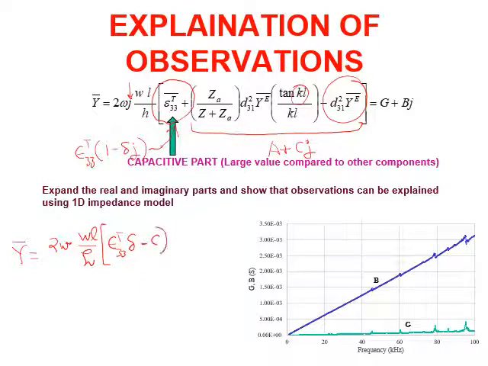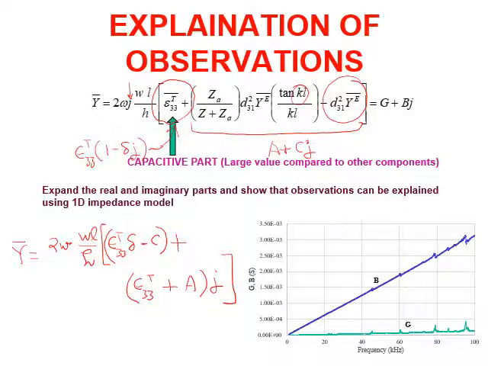So this is the real component, and then the imaginary component will be epsilon 33 T plus A. So this is how we have the real and the imaginary components.